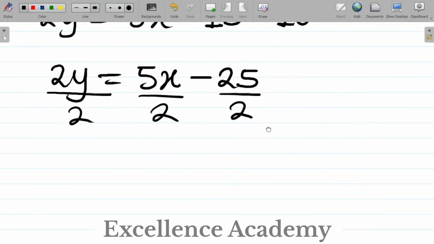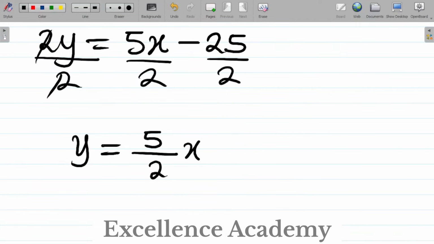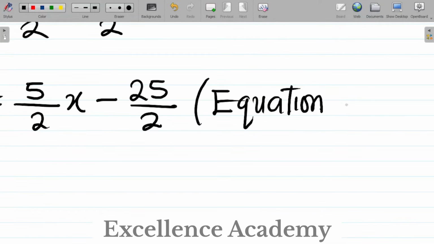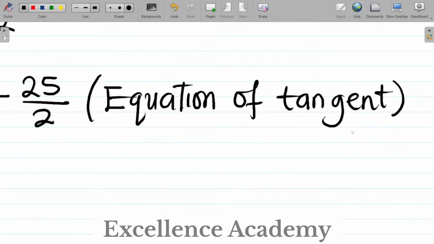So y is equal to 5 over 2 x minus 25 over 2. What I have here is the equation of the tangent. Remember, you were asked to find the equation of the tangent and normal, so what I've just got is the equation of the tangent. We've got that. Let's now get the normal.